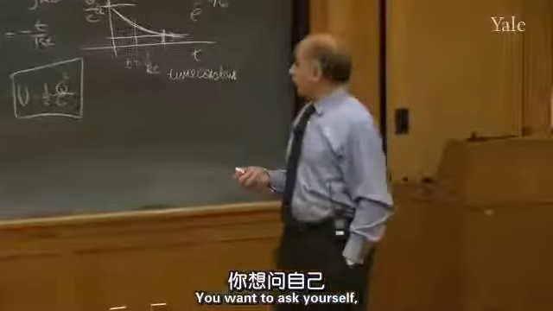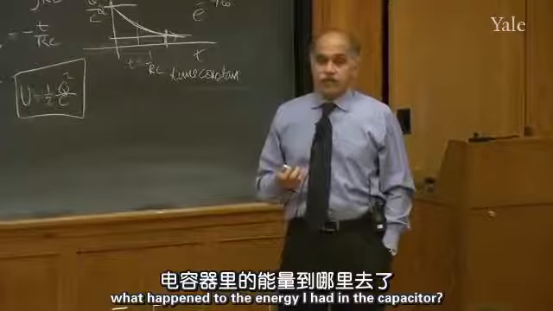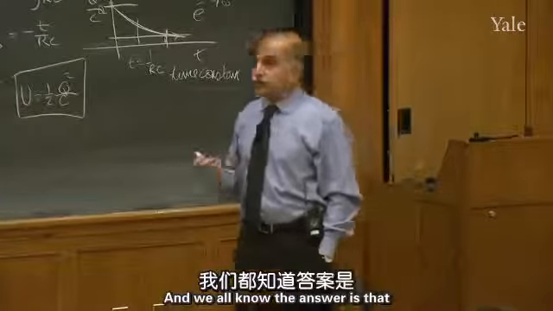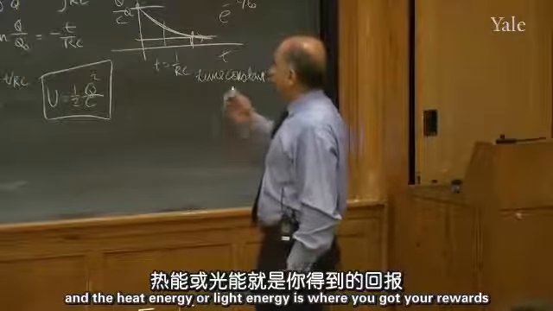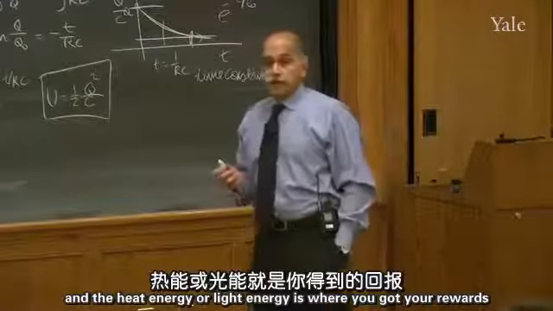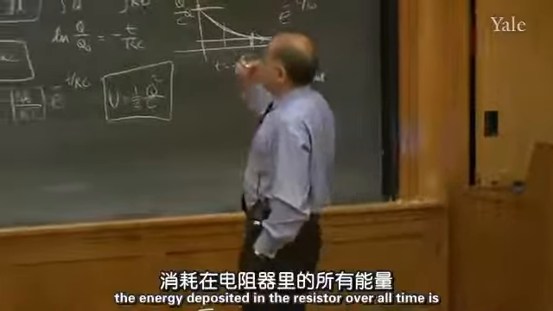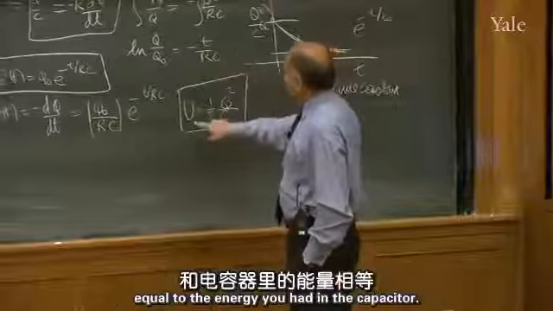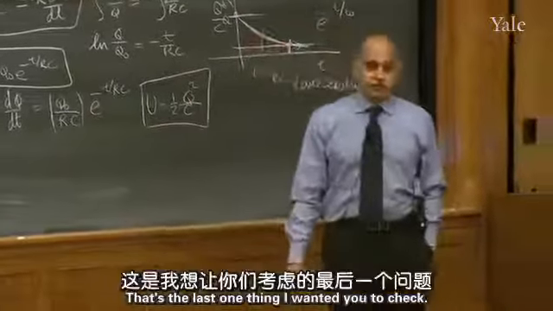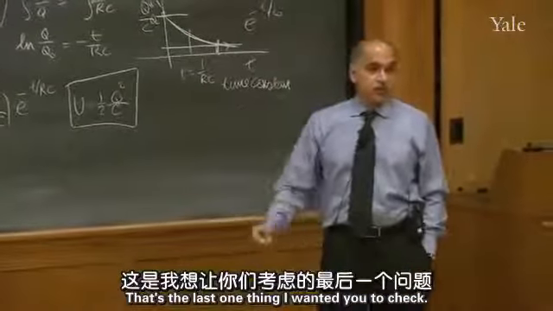You want to ask yourself, what happened to the energy I had in the capacitor? And we all know the answer is that it went through the resistor and heated it up, and the heat energy or light energy is where you got your rewards. But we have to make sure that the energy deposited in the resistor over all time is equal to the energy you had in the capacitor. So that's the last thing I want to do to check.